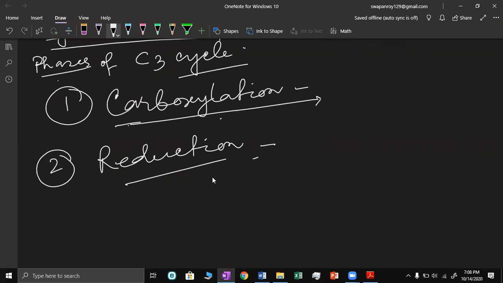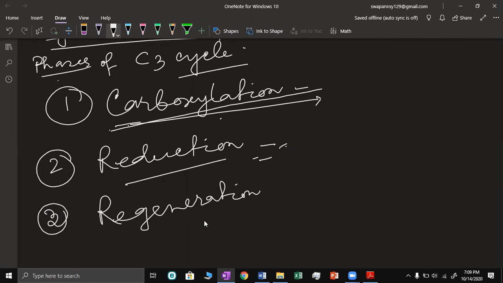This biosynthetic process should continue, and for that some compounds are always required, so those compounds should be generated again and again. That's why the third phase, or third main step, of the C3 cycle is the regeneration.